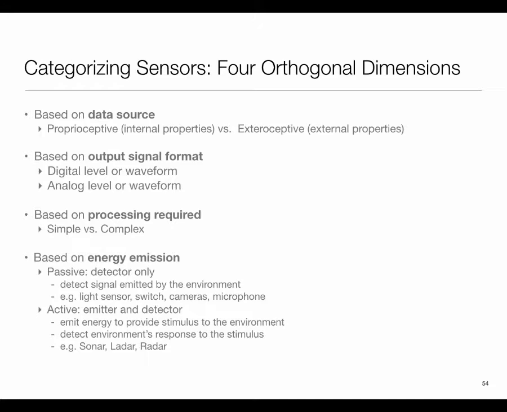What do you think are the pros and cons of passive versus active? Okay, active takes more power and sends out energy. Like submarines, they don't like using sonar all the time because it gives away position. Okay, so that's a disadvantage.